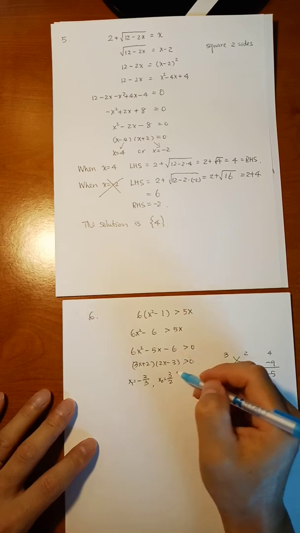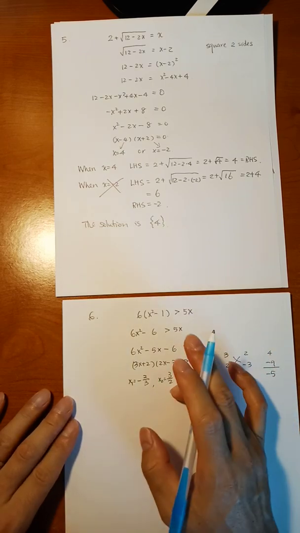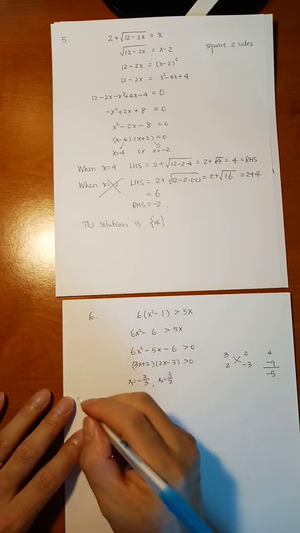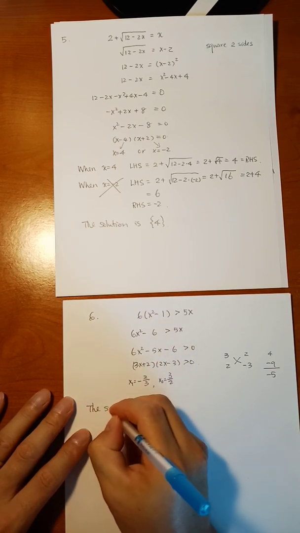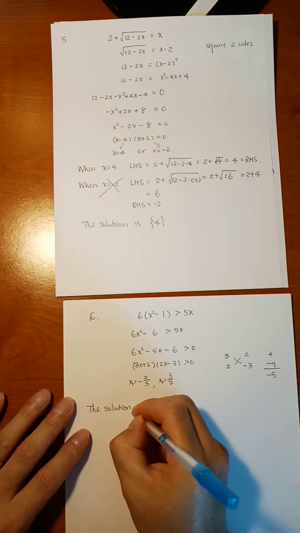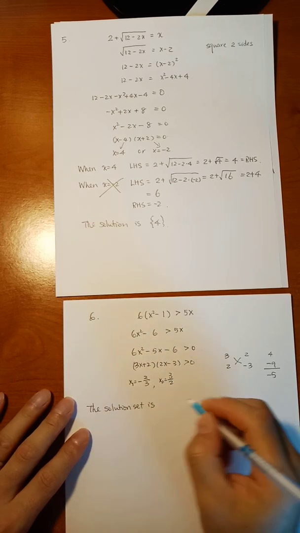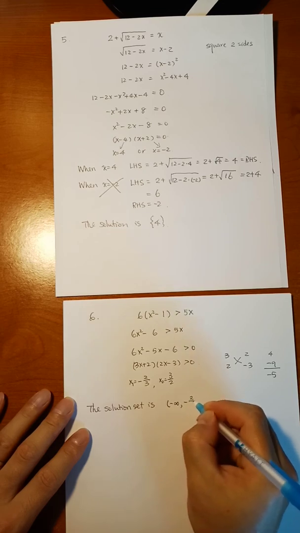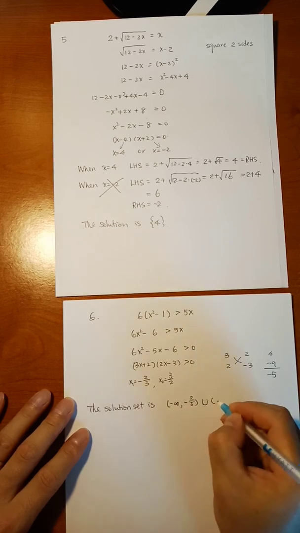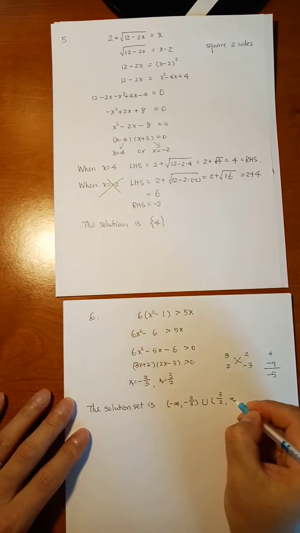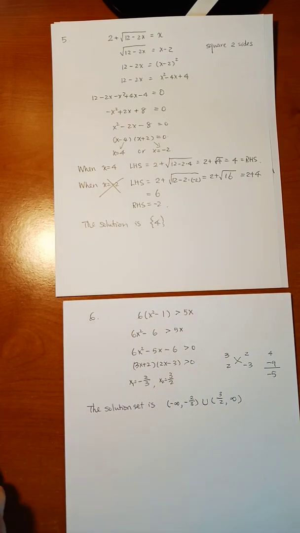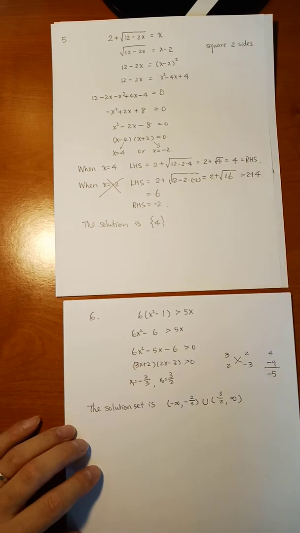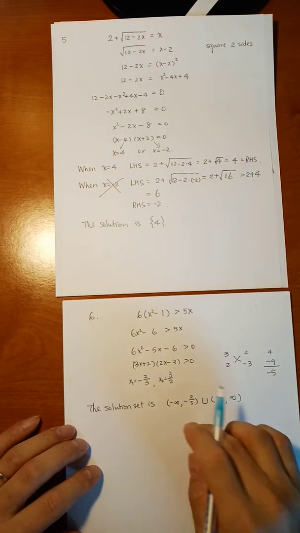Remember that when we have greater than 0, it will be either bigger than the larger solution or less than the smaller solution. So the solution set is either less than the smaller solution or it is greater than the bigger solution.